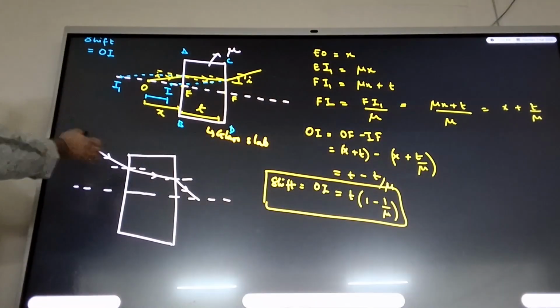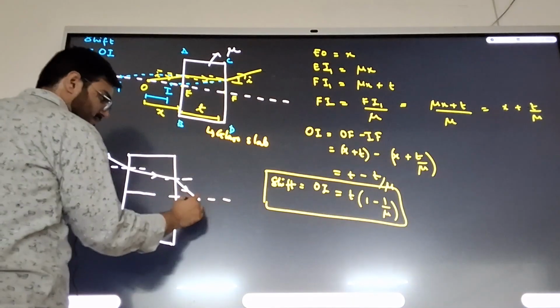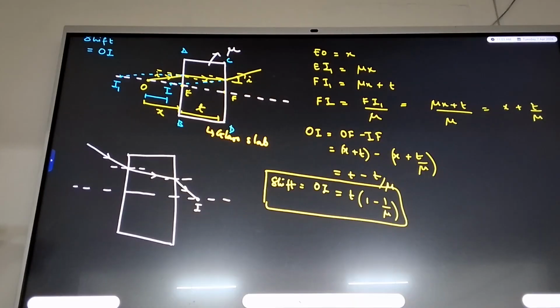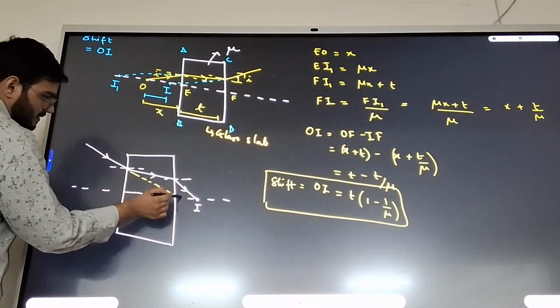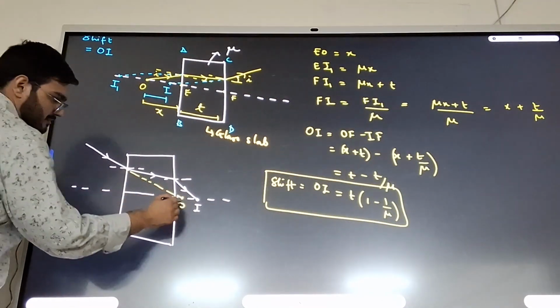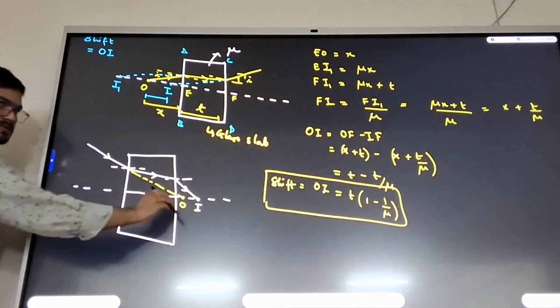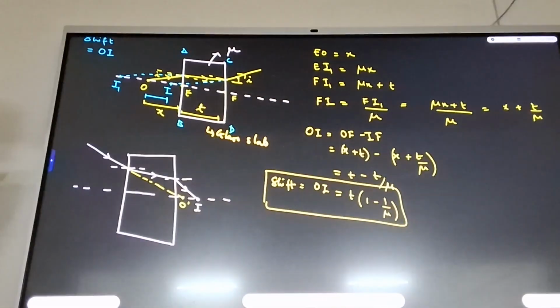The rays are coming from infinity somewhere. This will create a real image? Yes or no? Good. If I extend these rays, then this is supposed to be my virtual object, and the rays appear to come towards the virtual object, right? O dash. So this is supposed to be O dash.